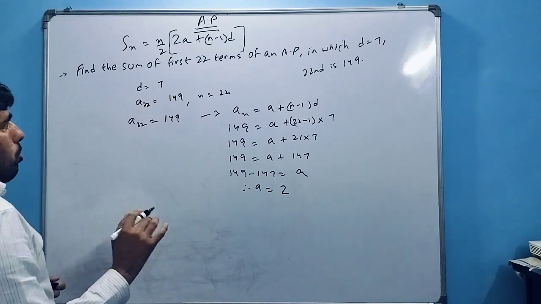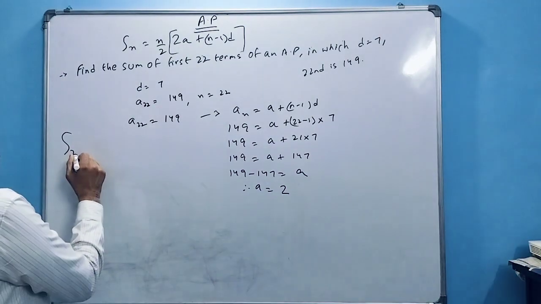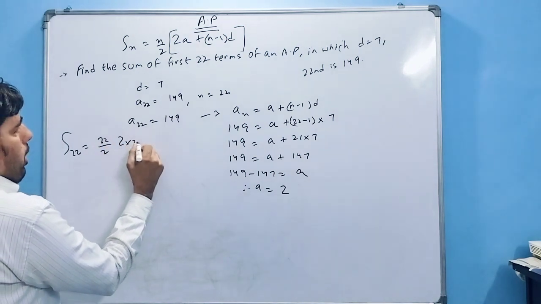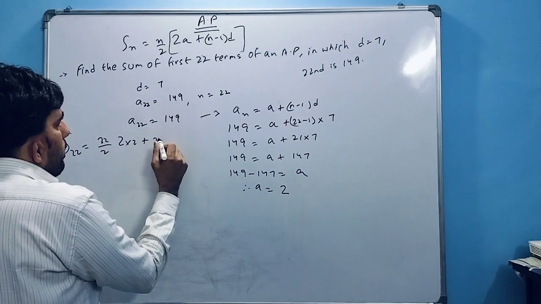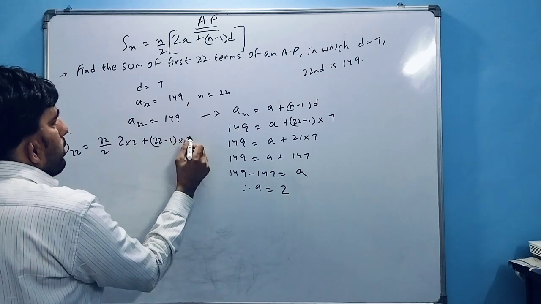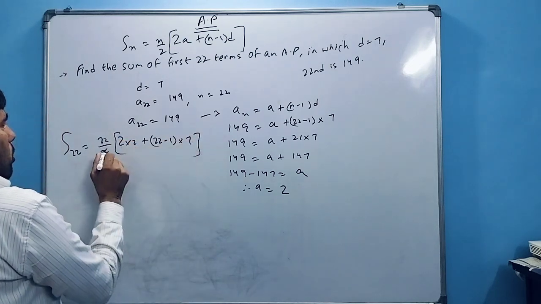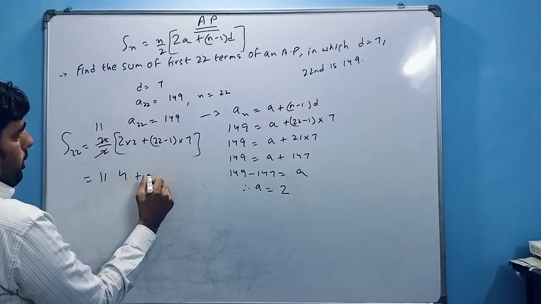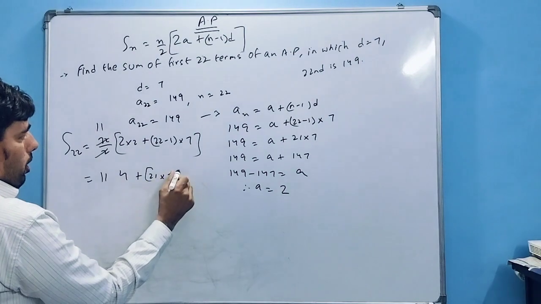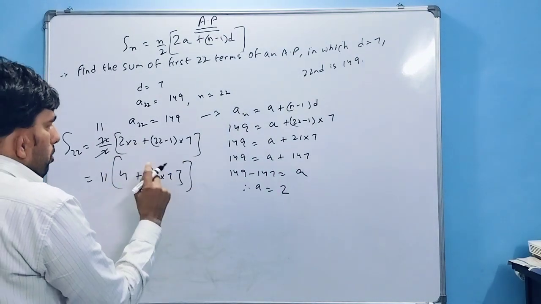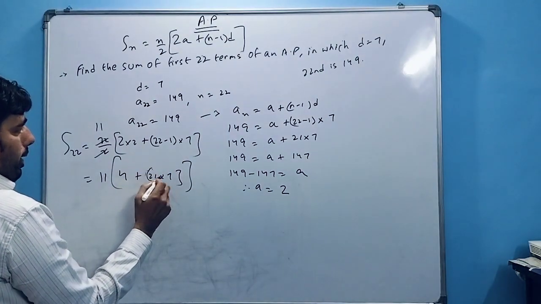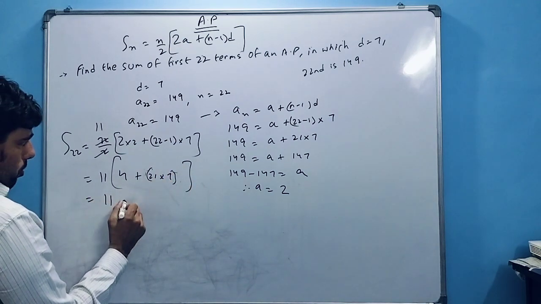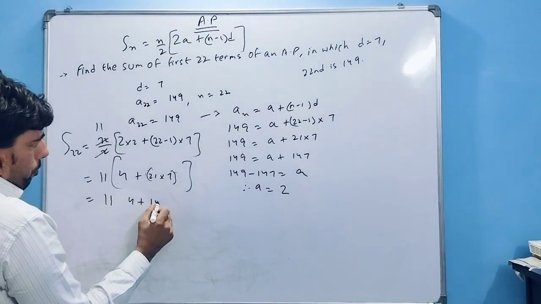So after getting a as 2, you can easily find S22. How? 22 by 2, 2 into a plus n we have 22 minus 1 into d we have 7. So finally I got my answer, that is 4 plus 21 into 7. If I multiply here after addition, what I got here is 11 into 4 plus 147.